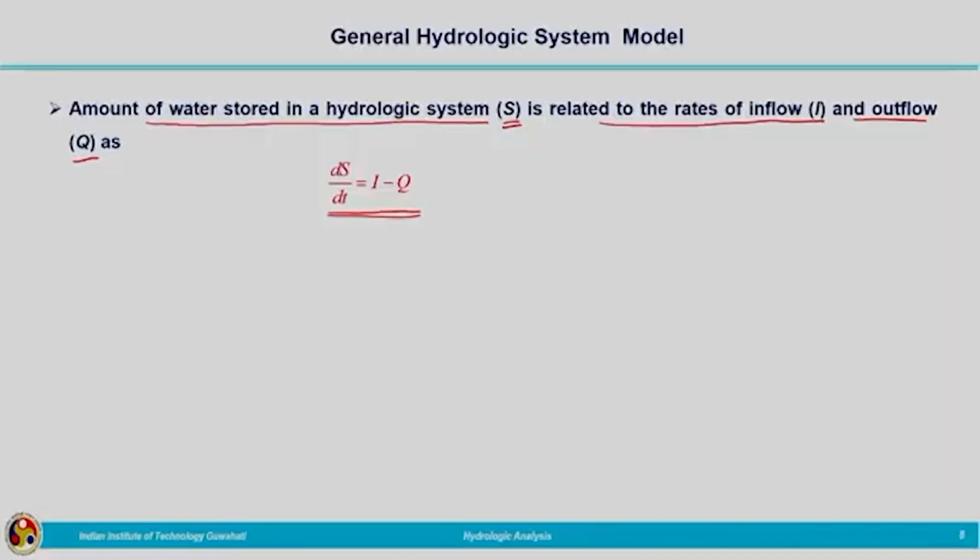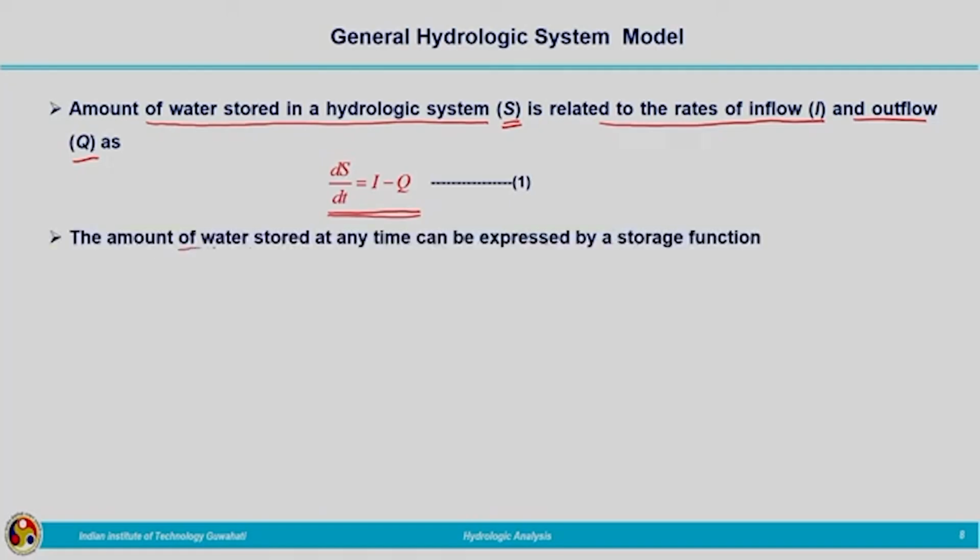That is, when we are experiencing a rainfall, after certain storage components are satisfied, we are experiencing the runoff at the outlet point. Whatever is experienced as runoff at the outlet point is obtained by subtracting the abstractions from the inflow. That is what is expressed here mathematically by this equation, that is, change in storage dS by dt is the difference between inflow and outflow. Let this equation be equation number 1.